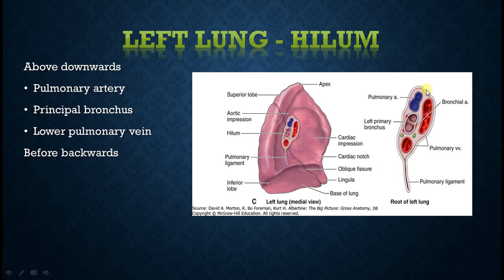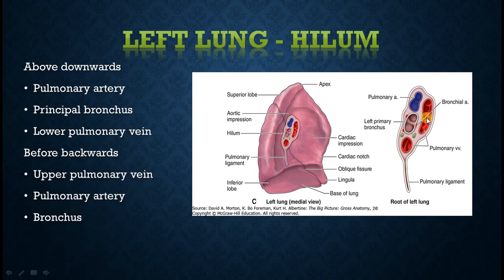You just remove the eparterial part and it becomes the hilum of the left lung. Same way, from anterior to posterior: upper pulmonary vein, pulmonary artery, and then the principal bronchus.